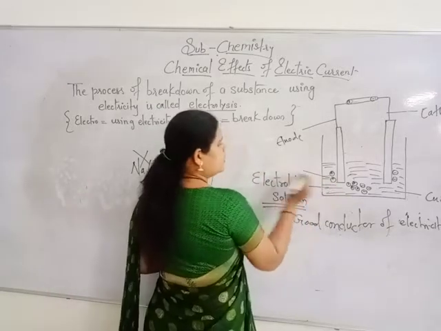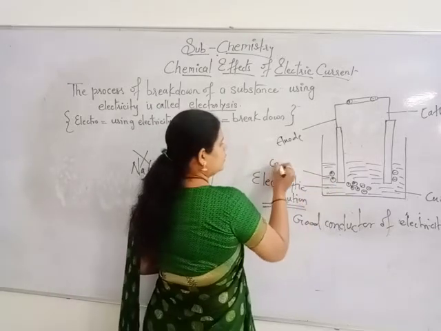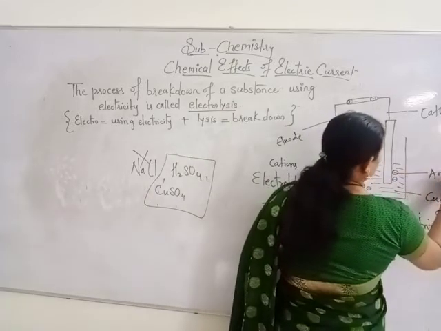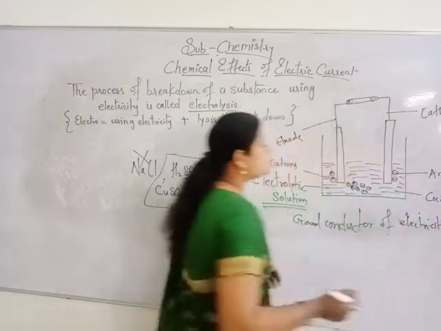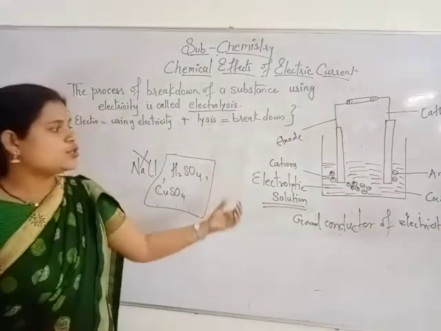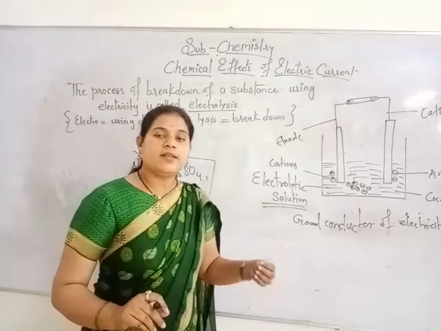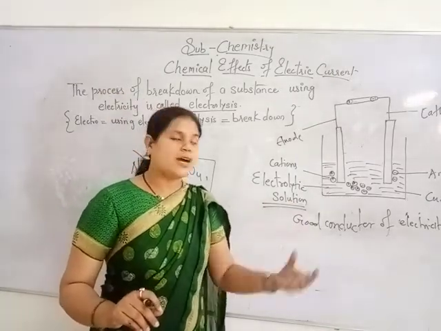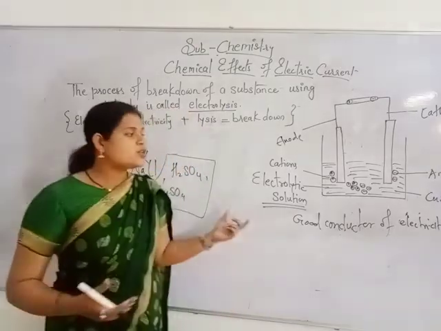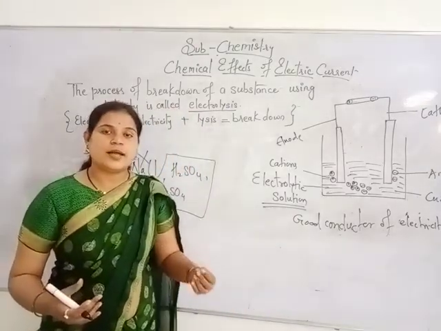The positive ions are cations and the negative ions are anions. When the current is allowed to pass through this electrolytic solution, what will happen? The process of electrolysis will happen. How?